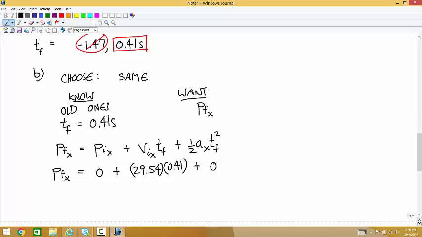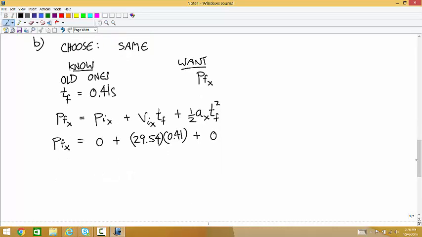It's an easy mistake to make to enter negative 9.81 for AX, but remember that's the Y component of the acceleration. The X component, or the horizontal component, is always 0. So what's 29.54 times 0.41? 12.11 meters.